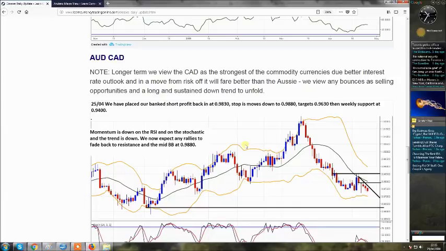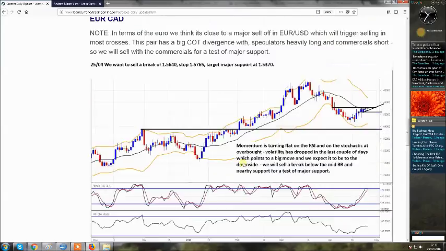I've got a feeling that could go all the way down to 94. If you're a position trader, I would say that the CAD is going to be the strongest of the commodity currencies. At the moment, I think the NZD has got the most downside. The AUD is also behind the NZD, or above the NZD, sorry. So the NZD the most bearish is what I'm trying to say.